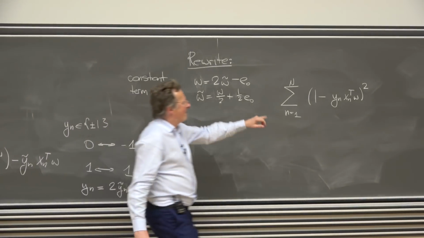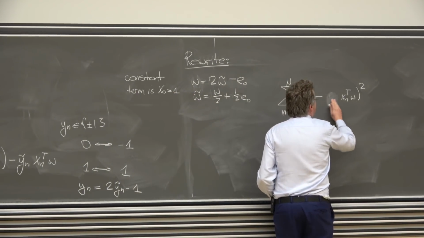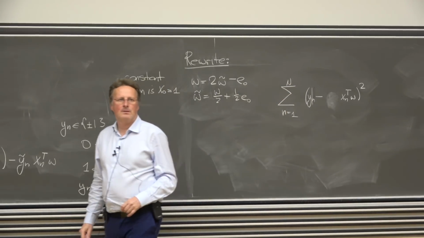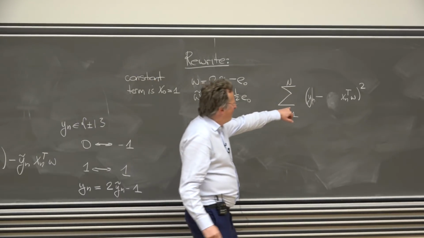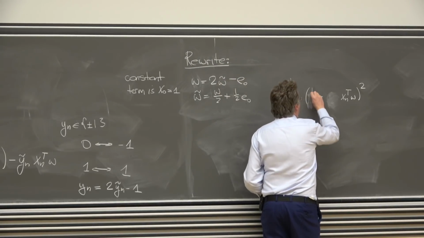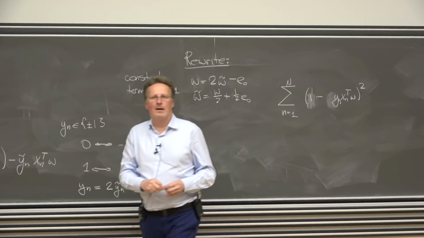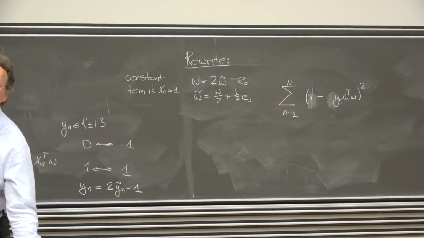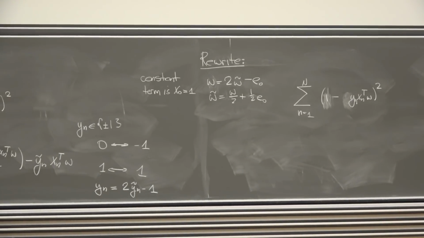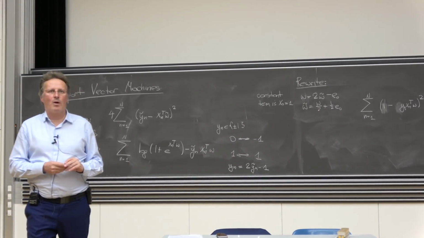So these ones are plus minus 1. So let me first write it in this form. You first see that this is identical to this form. And now if I have a yn which is just plus minus 1, that's exactly the same as writing here a 1 and then writing here the yn. So minimizing the left or minimizing the right, I might get a different w because they're related by these things, but it's exactly the same problem.